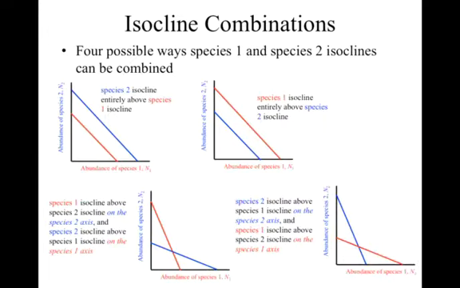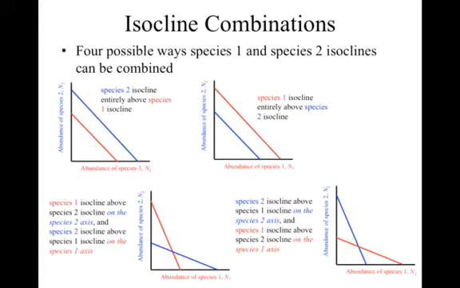Or we can flip-flop that and have the species 2 isocline above the species 1 isocline on its own axis, and the species 1 isocline above the species 2 isocline on its own axis. There's really only those 4 different ways of combining the 2 isoclines.